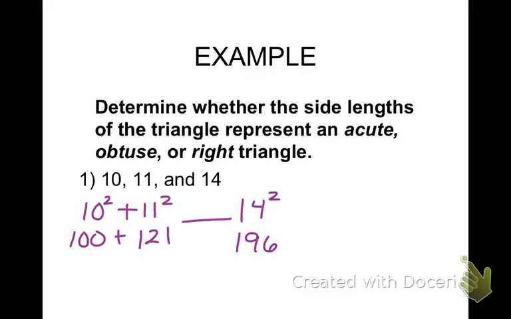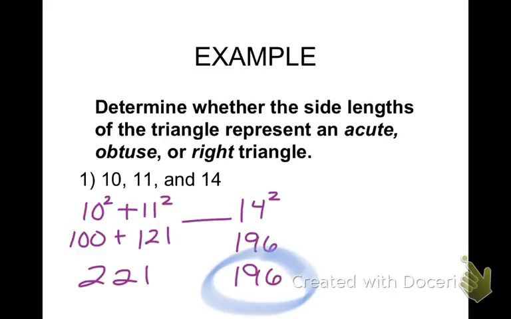So 100 plus 121 is 221. So, looking at your c squared, is it larger or smaller? Smaller. So if my c squared is smaller, it's going to be acute. So this would be an acute triangle.